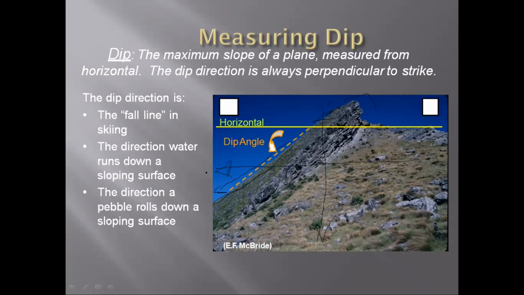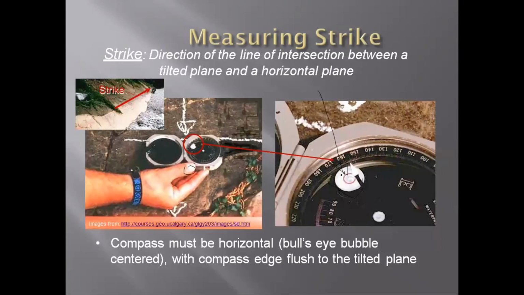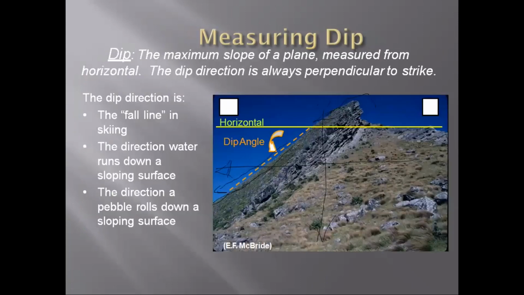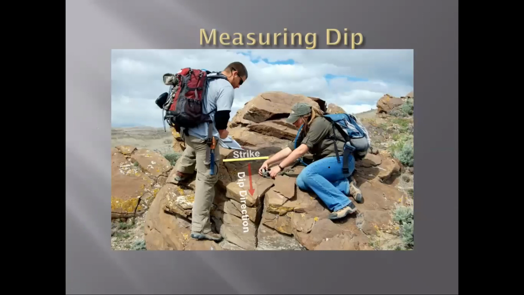So we used the outer periphery and this needle for measuring the strike. Let's see how we do it for the dip. These are the layers, and clearly this is the direction of the strike, and you can see that these layers are standing on a tilted plane.